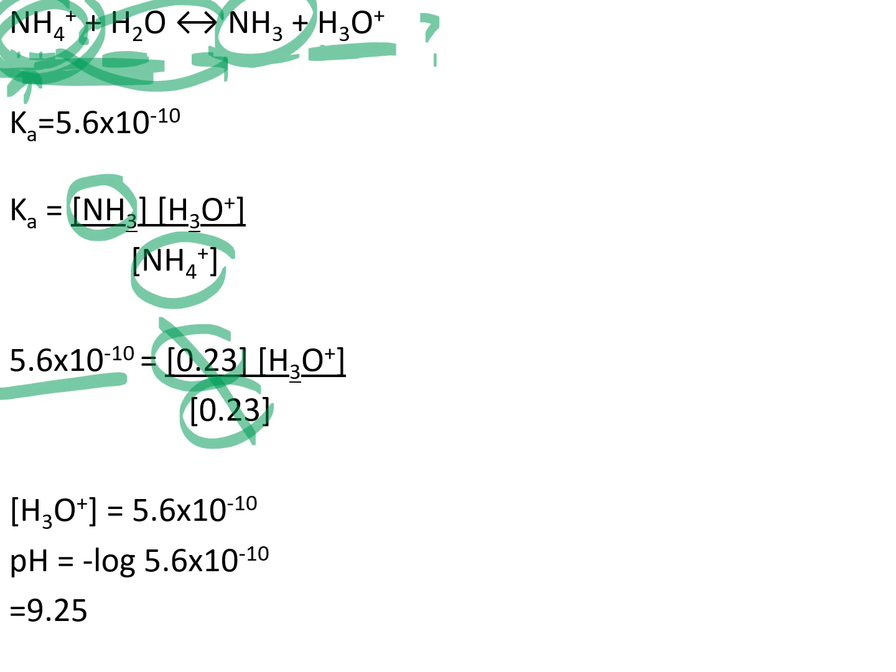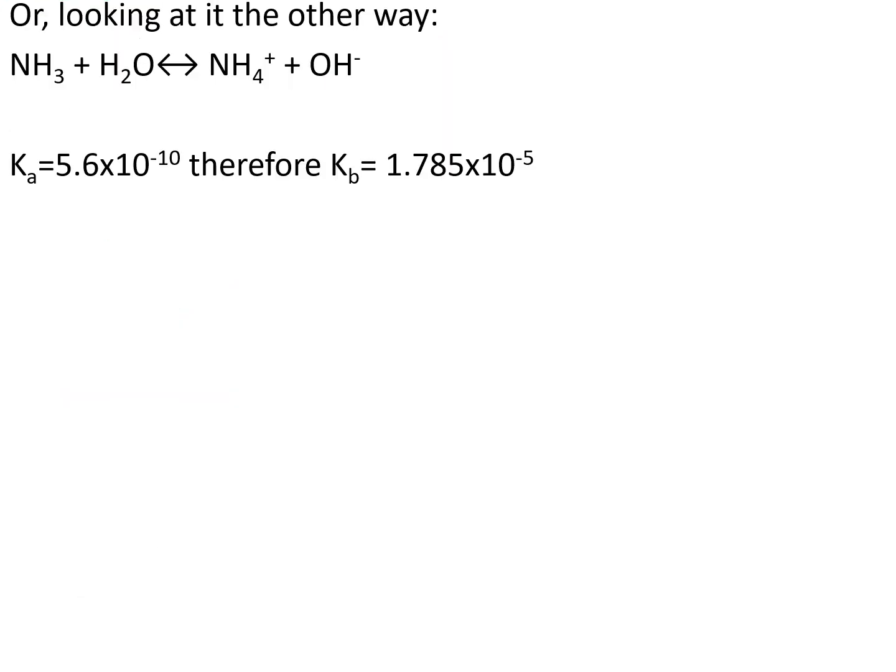Now, it's a buffer system. We don't just have this ammonium. We also have ammonia. So you might be thinking, okay, well, what if we consider what this ammonia is doing? And we do have it in our equilibrium expression, but maybe we wanted to consider it acting on water instead of the ammonium. So if we wanted to, we'd say, okay, let's look at it from the base's perspective.